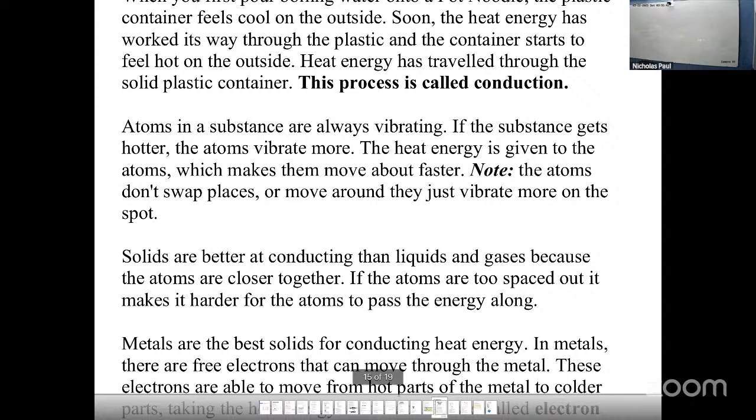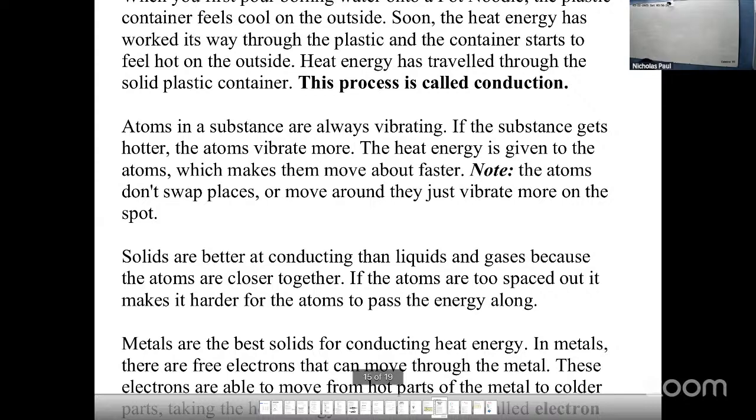The energy is transferred via the vibration of the atoms.